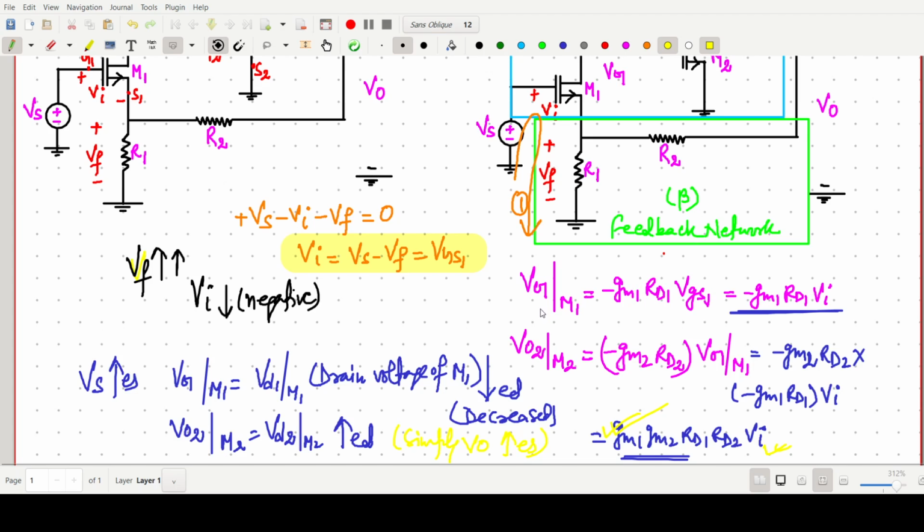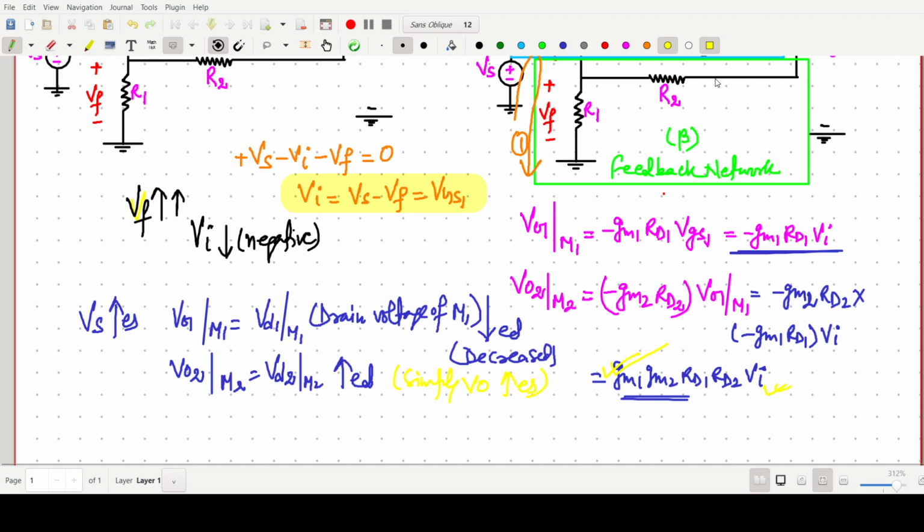Then this output voltage is our V naught output. Now the beta, the feedback gain, is Vf by V naught, so Vf equals beta times V naught.